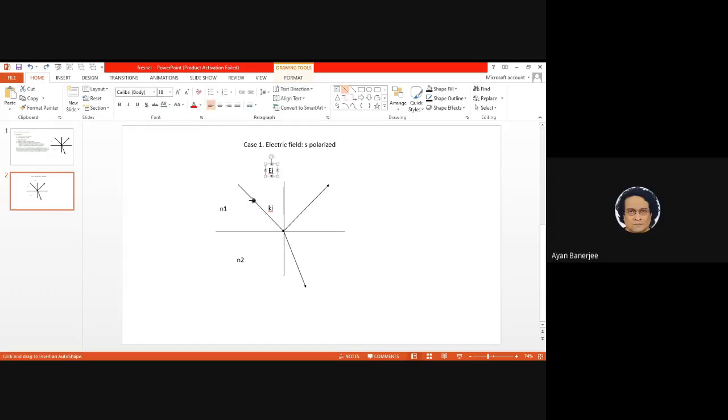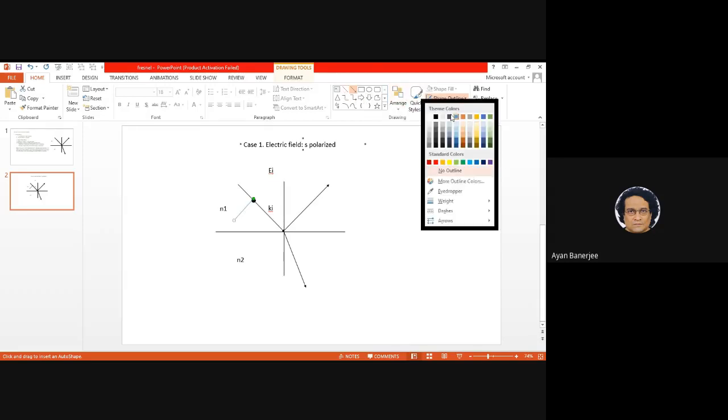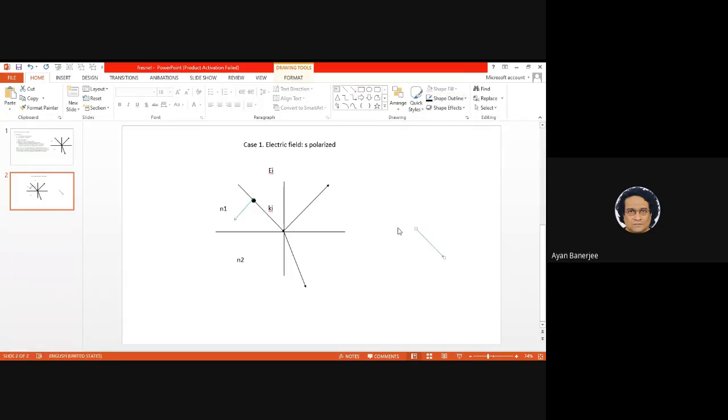Very good. Yes, indeed, correct. Do it this way, right? Is that fine, everybody? Shape, outline, arrow at the end. Perfect. So the magnetic field is this way.